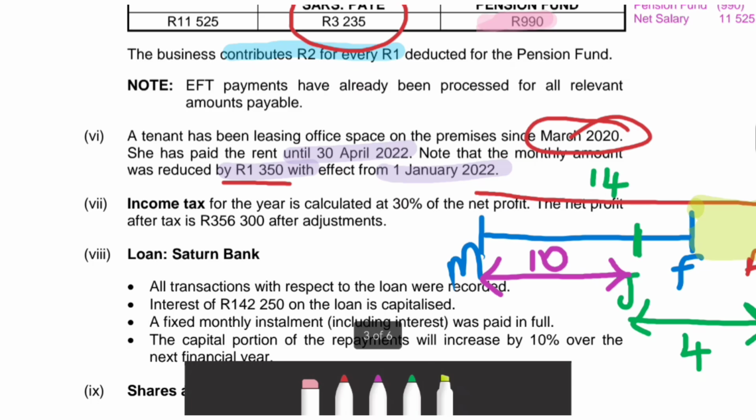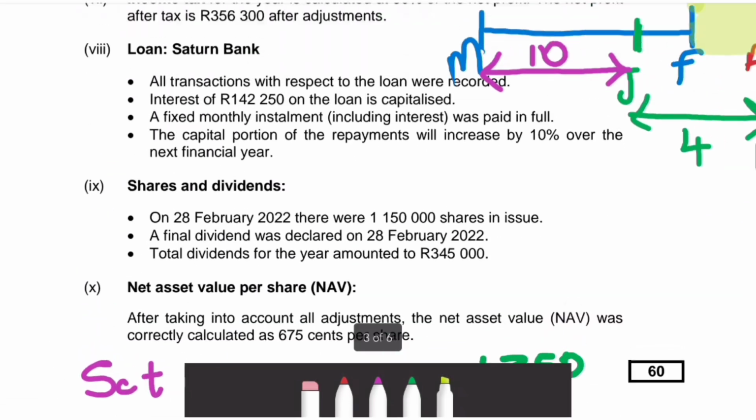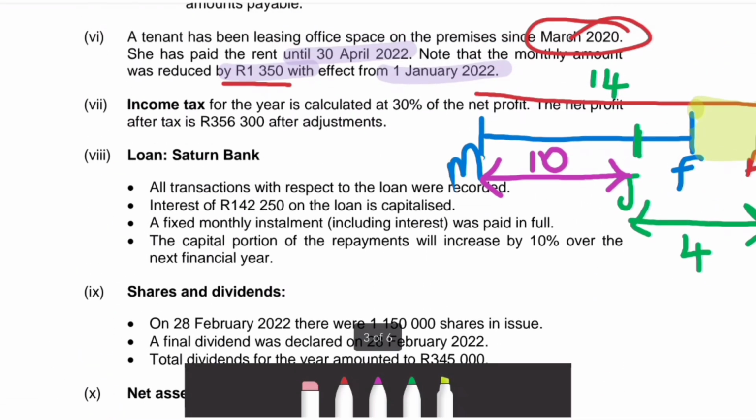And if on the 1st of January 2022, the rent was reduced by 1,350, then the new rent is X minus 1,350. We know that we received X for 10 months. So these are the months that we were receiving the original rent, and we received the reduced rent for 4 months.